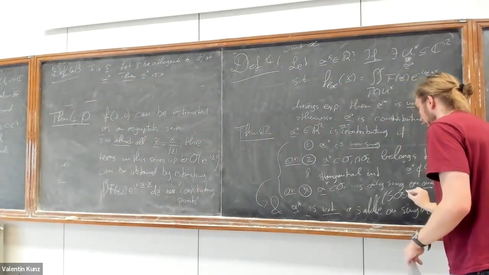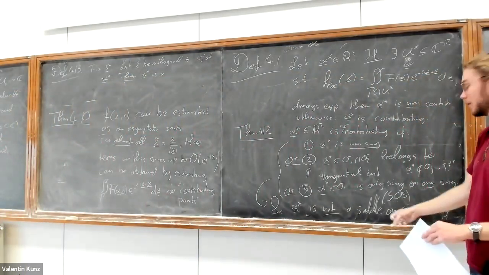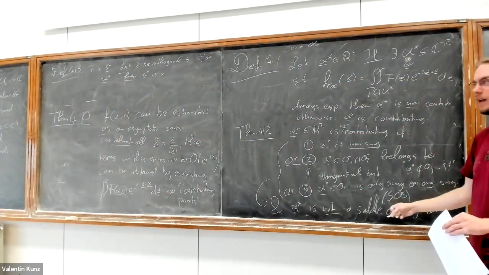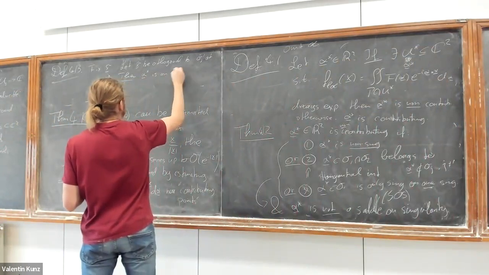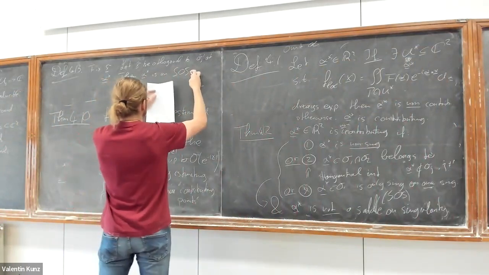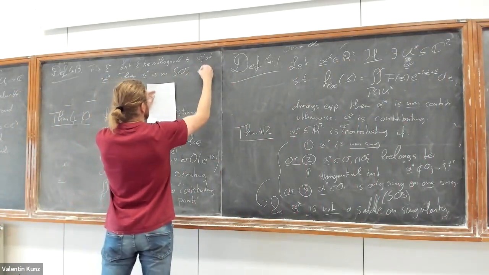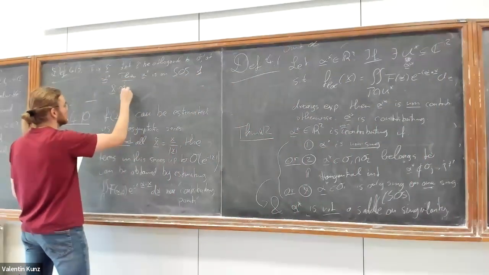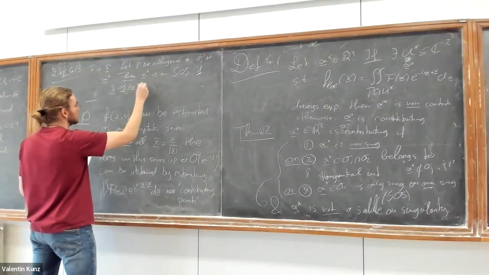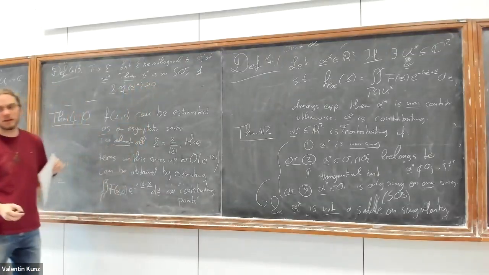We call it a subtle on a singularity, SOS. So it's very memorable. Then alpha star is SOS if this is greater than 0.